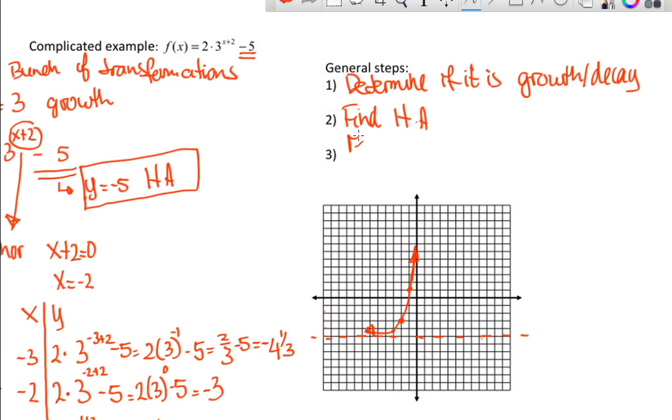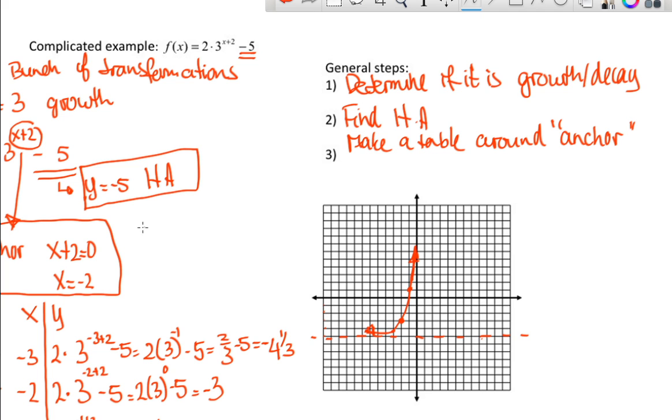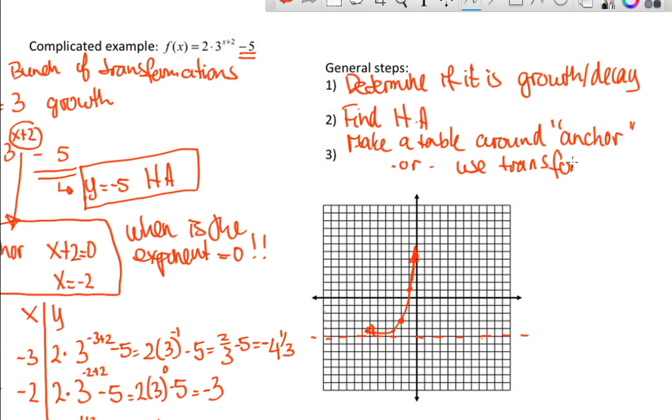And then the third part is you make a table around your anchor. Your anchor is going to answer this question: when is the whole exponent equal to 0? And in essence, that uses transformations. Okay, thank you.